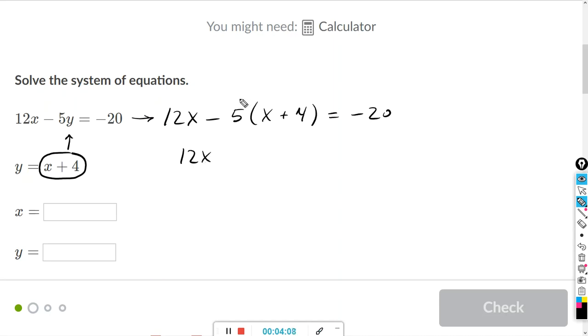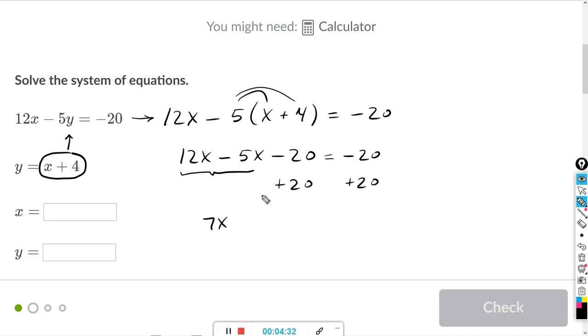Distributing the negative 5 times x and negative 5 times positive 4. Combining like terms, 12x plus 5x gives us 7x, and adding 20 to both sides, it cancels on both sides actually. 20 minus 20 is 0.